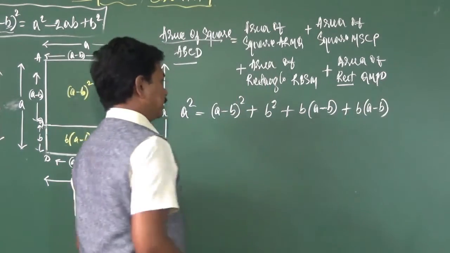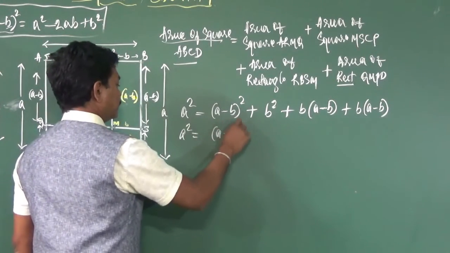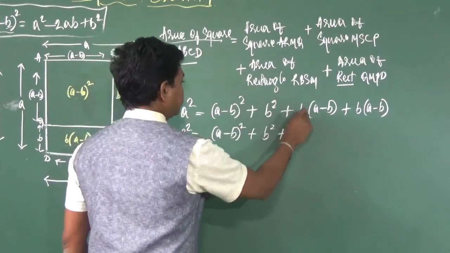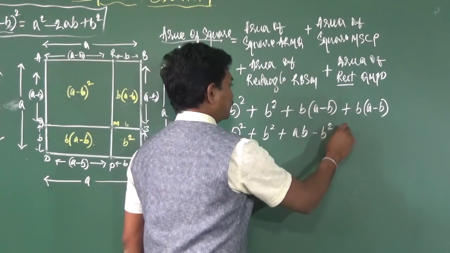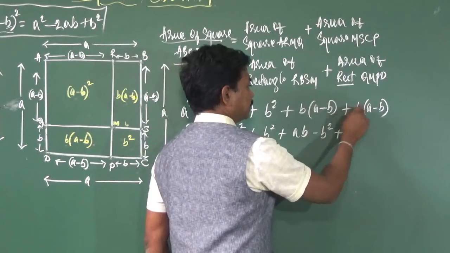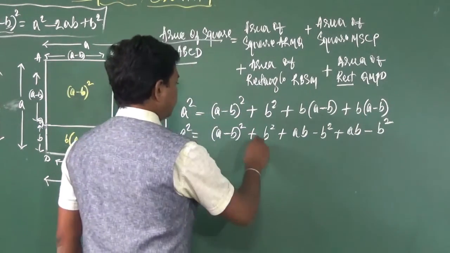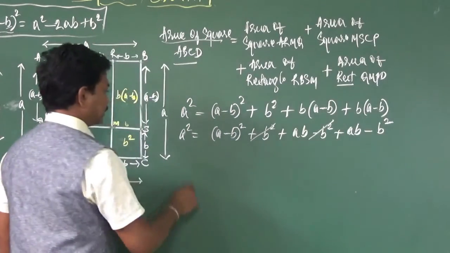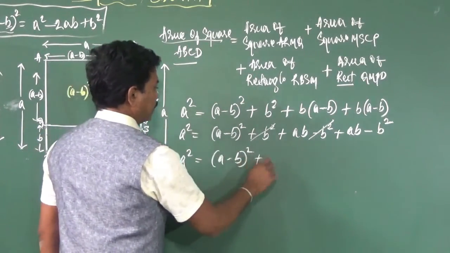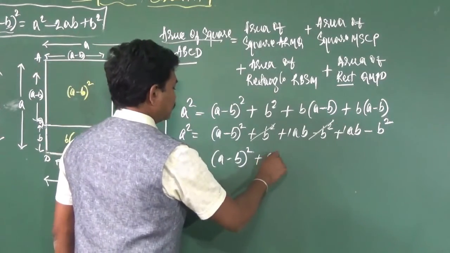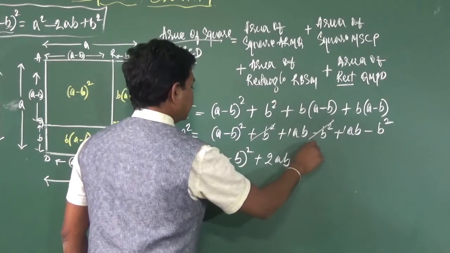Right, let us simplify these things. A square is equal to (A minus B) whole square plus B square plus B into A is AB, B into minus B is minus B square, plus B into A is AB, plus minus B into B is minus B square. Plus B square and minus B square get cancelled. So A square is equal to (A minus B) whole square plus AB plus AB is 2AB, and the leftover is minus B square.